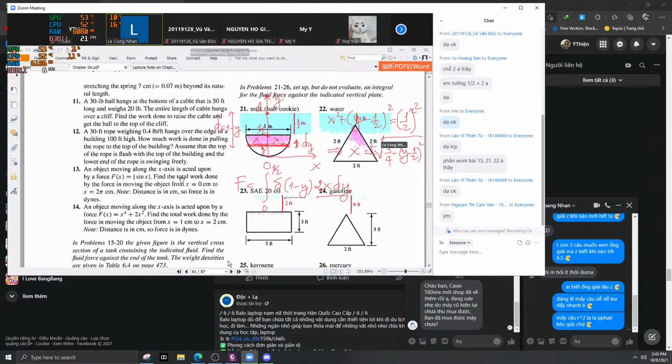Because x is positive, we choose the positive root. Plugging into the formula, we get the integral from 0 to 1/2 of delta times (1 minus y) times 2 times the square root of 1/4 minus (y minus 1/2) squared dy.